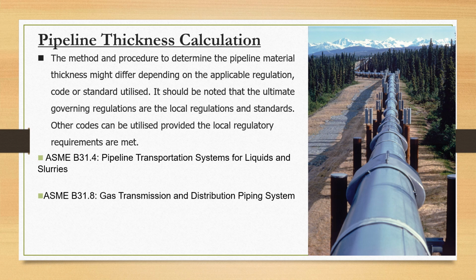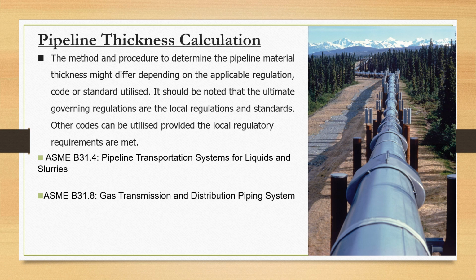Now, some of the most prominent codes and standards that are utilized for pipeline system design are ASME B31.4, which is the international standard for pipeline transportation systems for liquids and slurries. Then ASME B31.8, which is gas transmission and distribution piping systems.